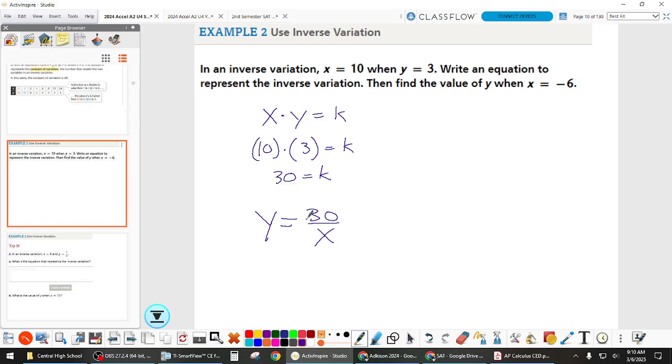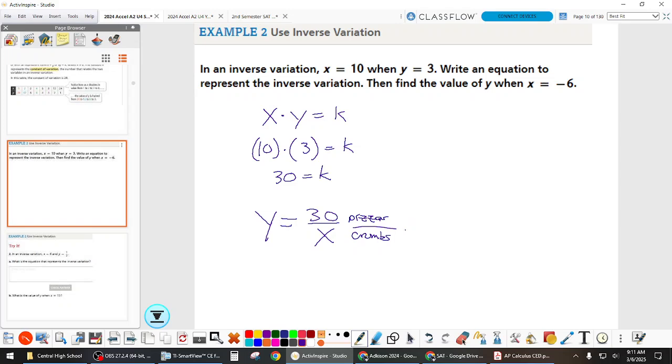Think of it this way: if this is 30 pizzas, and I'm dividing by crumbs, 30 pizzas divided by how many crumbs are in a pizza. Is that a big or small number? Gigantic. That's the idea of getting closer to 0 and having this thing shoot up.